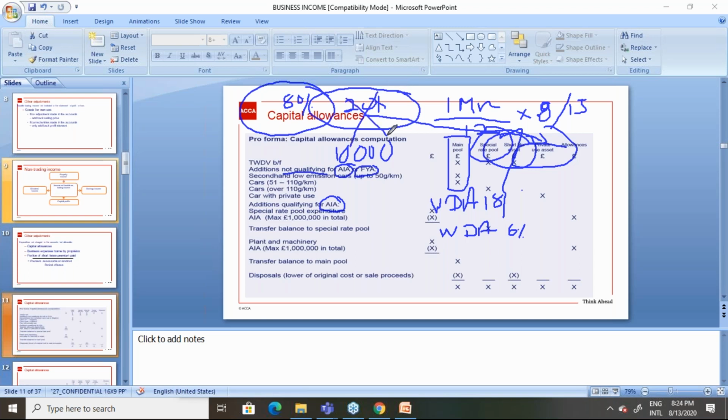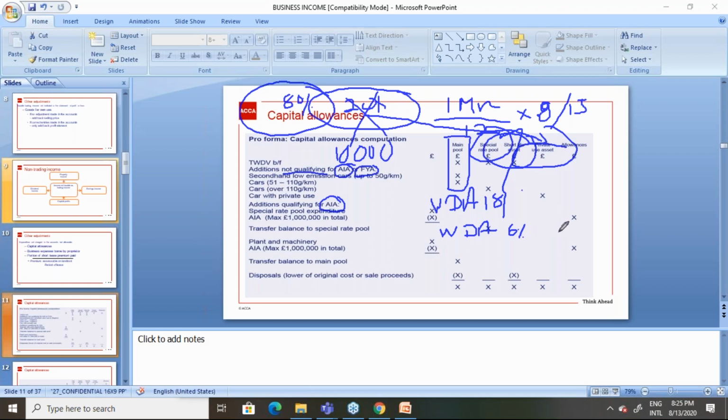private use element. Okay, so you have annual investment allowance, you have first year allowance. If not, they are included in the main pool, and claim written down allowance of 18%, provided your period of account is 12 months. If not, you need to time apportion. And on the special rate pool items, you can claim a WDA of 6%.